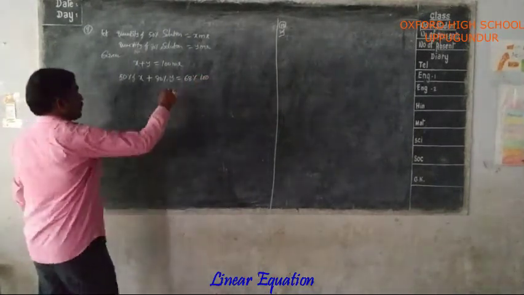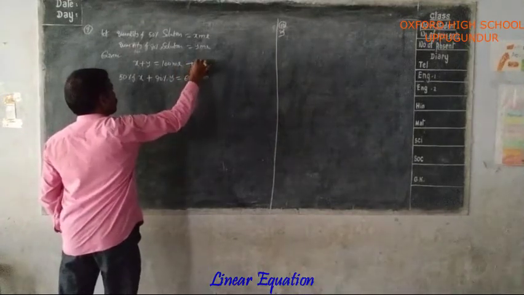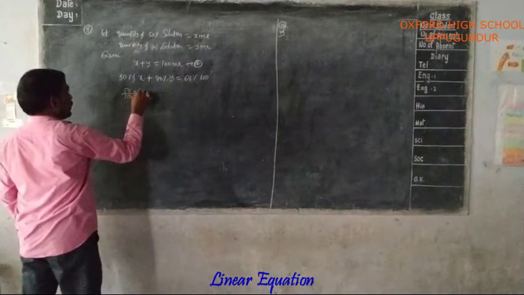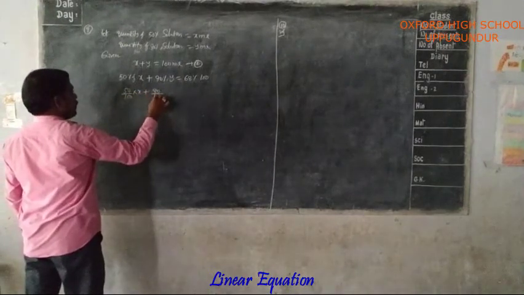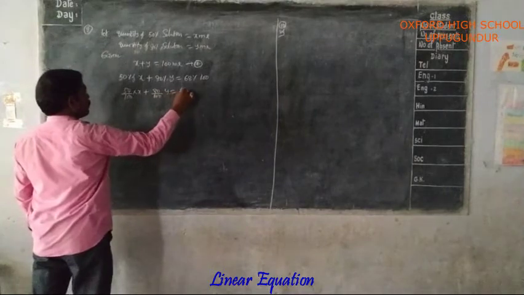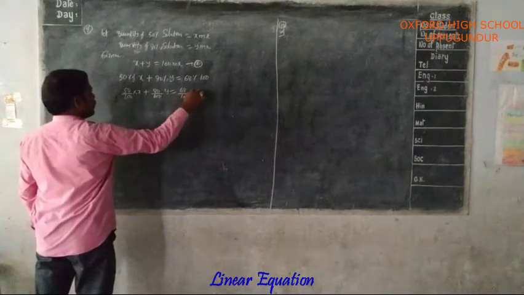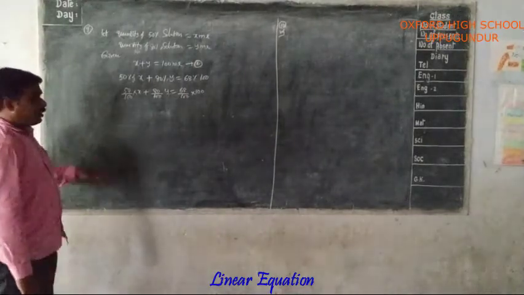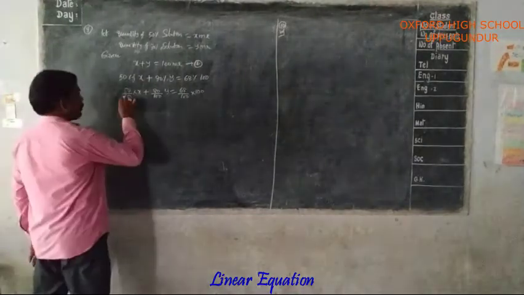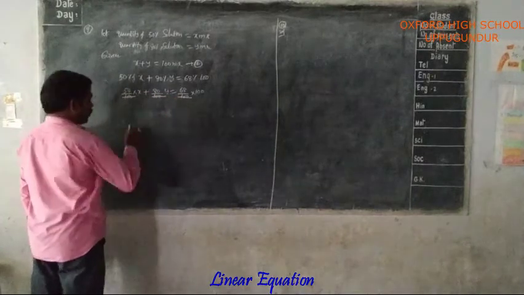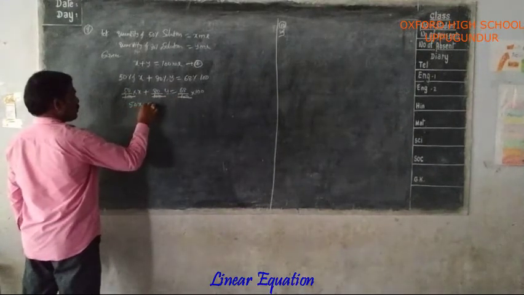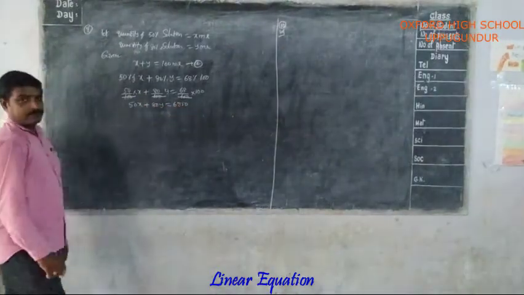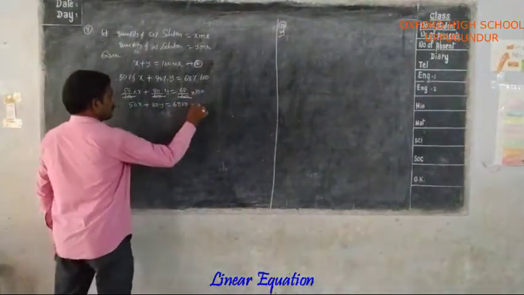So this is the second equation. 50 by 100 into x plus 80 by 100 into y equal to 68 by 100 into 100. Now all the denominators have 100, so by removing those, 50x plus 80y equal to 6800. Consider this as equation 2.